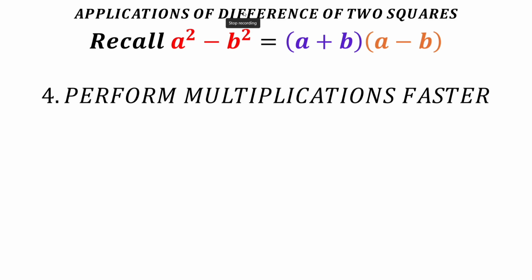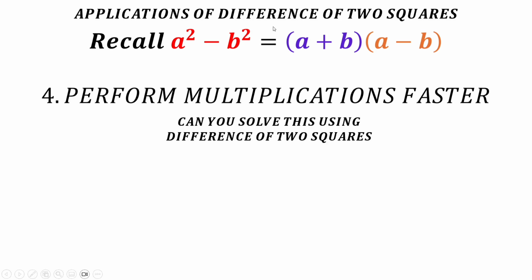Sometimes you may be given two numbers to multiply, and for some of such kinds of multiplications, you can use difference of two squares to help you perform the multiplication faster. We are going to learn how that is done in this video.